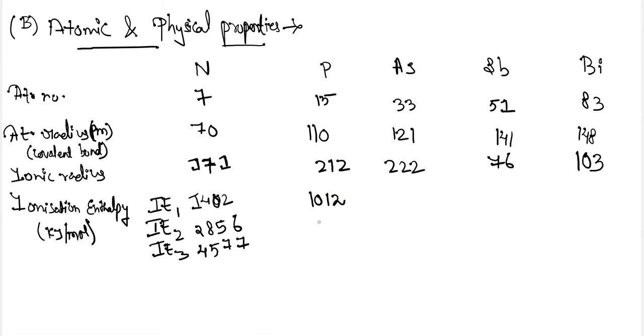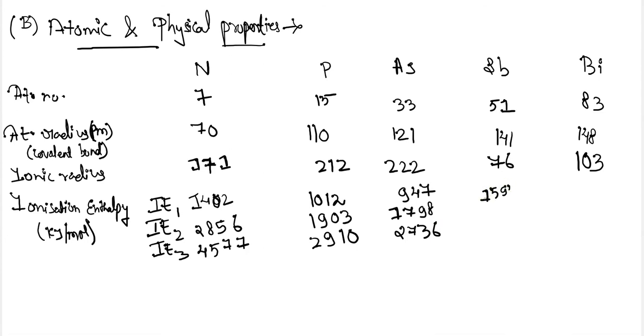1012 for phosphorus, first ionization enthalpy, 1903 second, and 2910 third. For arsenic it is 947 first, 1798 second, and 2736 third.